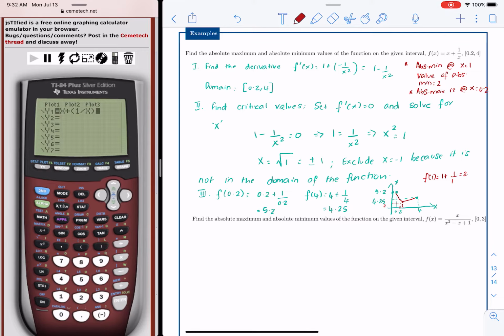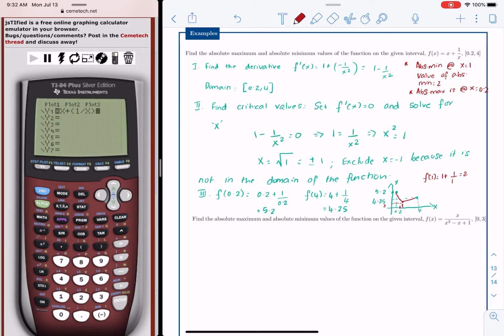Now let's see if it corresponds to a minimum or a maximum. By it I mean the critical number x is equal to 1. So to do that, we are going to evaluate f of 0. F of 0 is 0 divided by 0 squared minus 0 plus 1, which is simply 0.